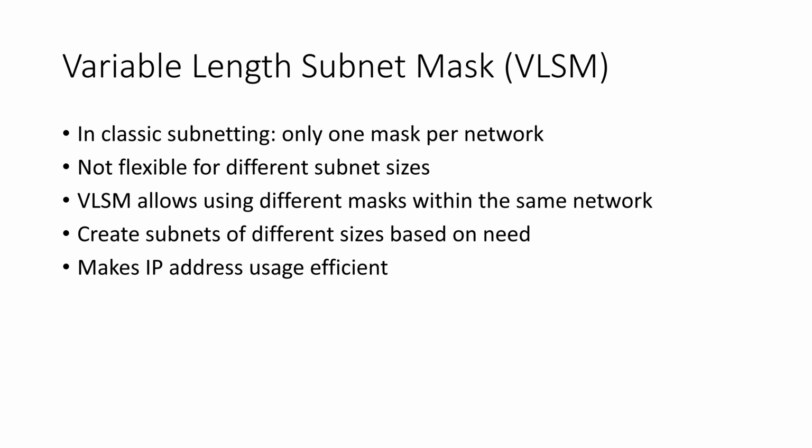You can create larger subnets for areas needing more hosts and smaller subnets where fewer addresses are enough. And this flexibility lets network admins allocate IP space much more efficiently. It also keeps routing manageable since you can still represent multiple subnets with aggregated routes if planned properly.